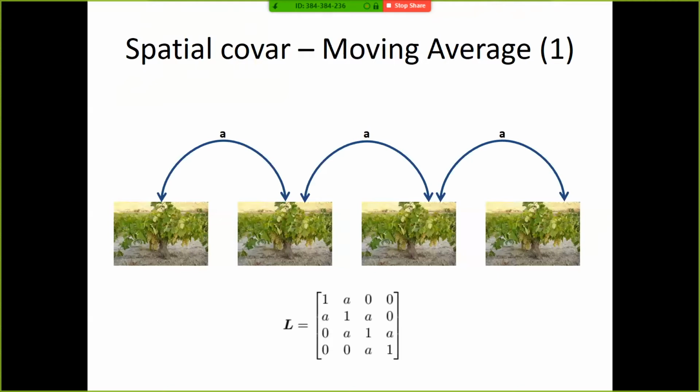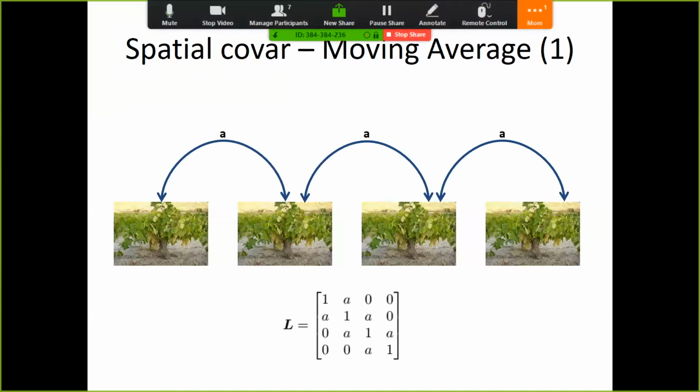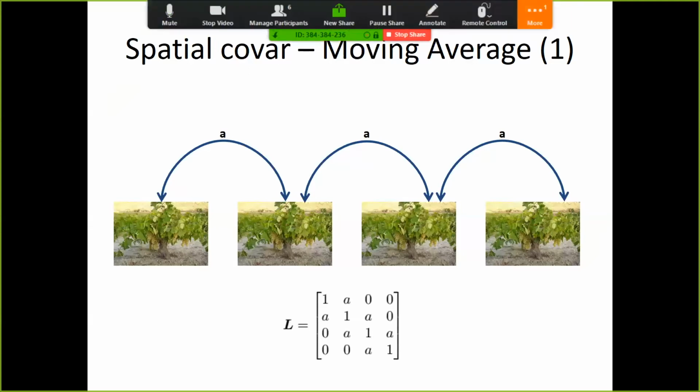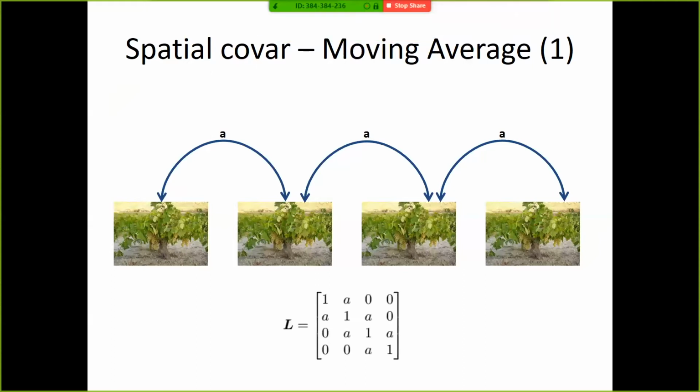And you could see the encoding of the L matrix here, where this A, which is a value between 0 and 1, is the covariance between the first and second vine, and goes down the diagonal. So this can be represented here.